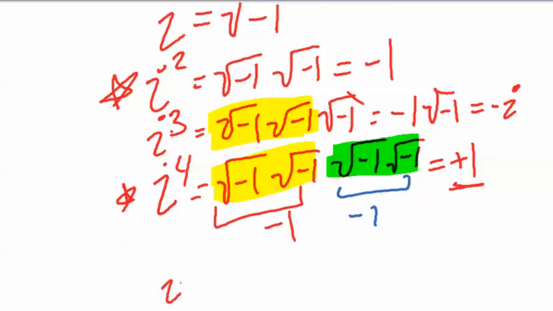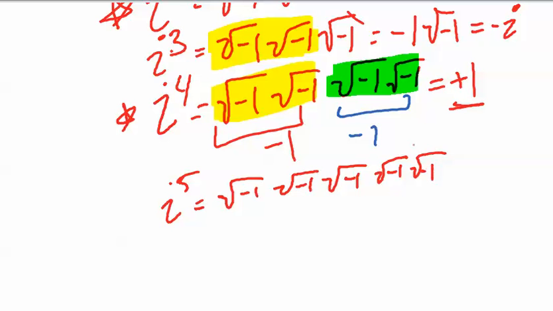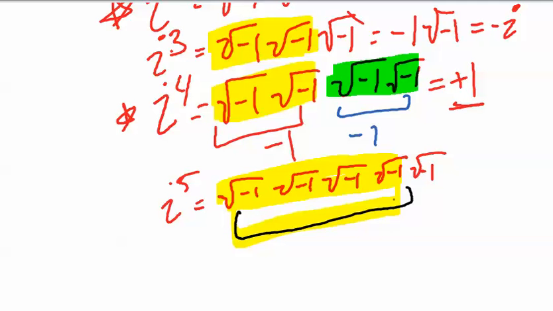Well, what happens with i to the 5th? I would have 1, 2, 3, 4, 5. And we now know that every 4 is +1. So this is +1, and then this is square root of -1. So it would be 1 times i, or just i.